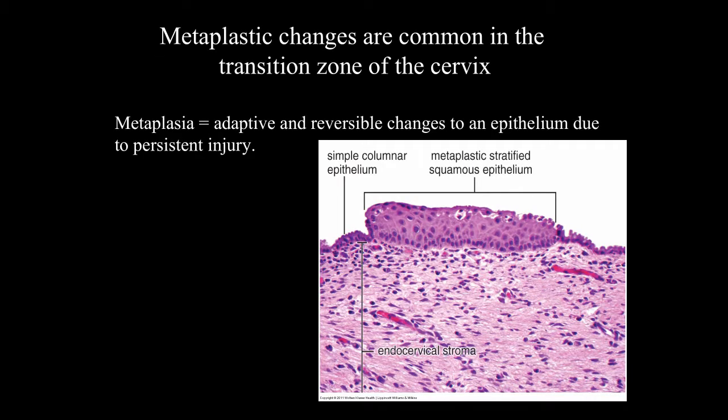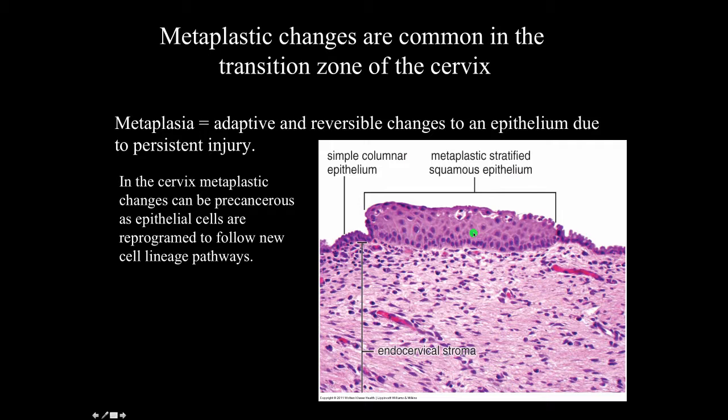Metaplastic changes are common in the transition zone of the cervix. As you know, metaplasia is an adaptive and reversible change to an epithelium due to persistent injury. So here just shows simple columnar epithelium and then metaplastic stratified squamous epithelium that's occurring in this region of the cervical canal.